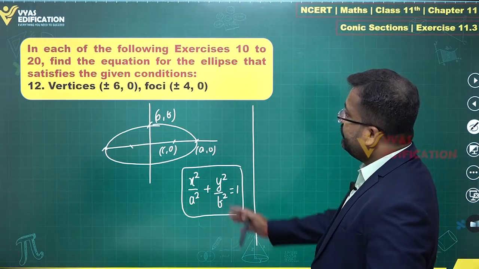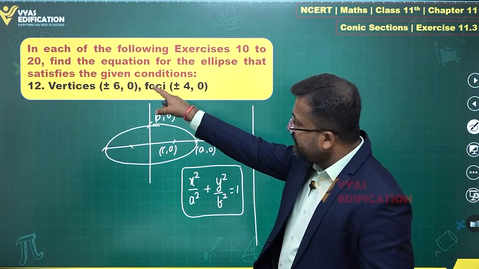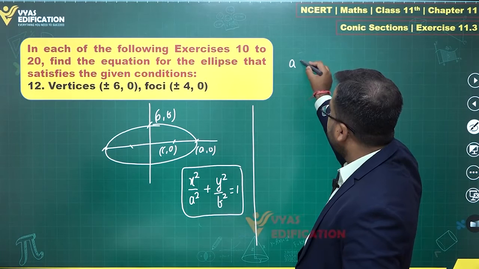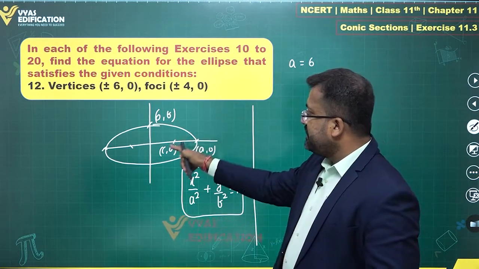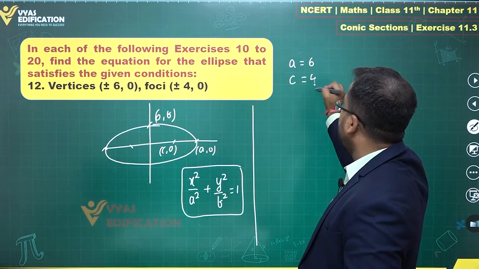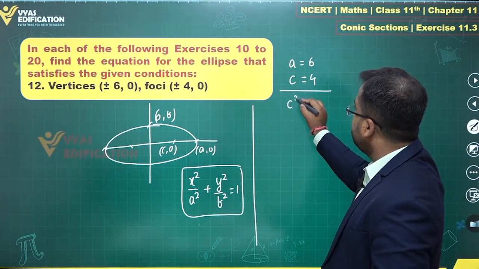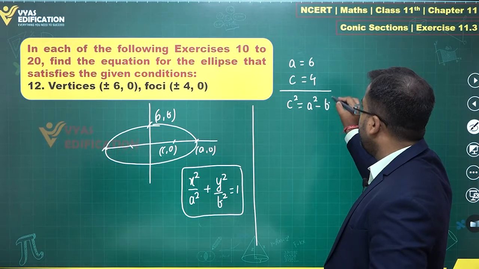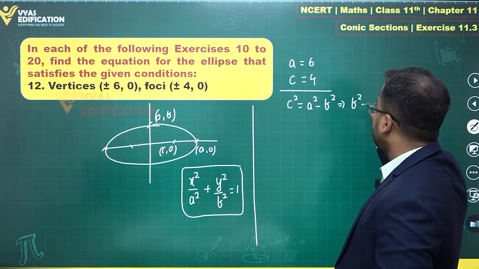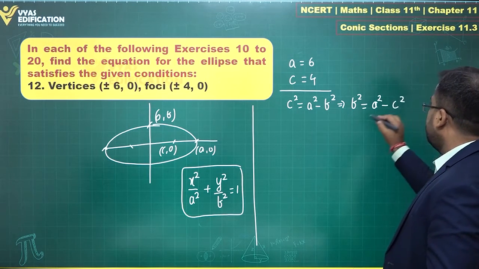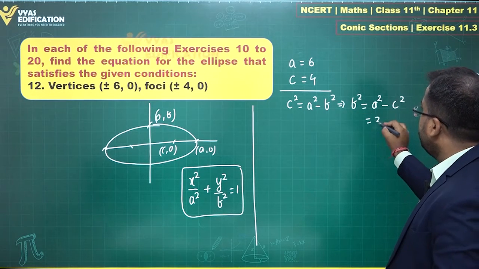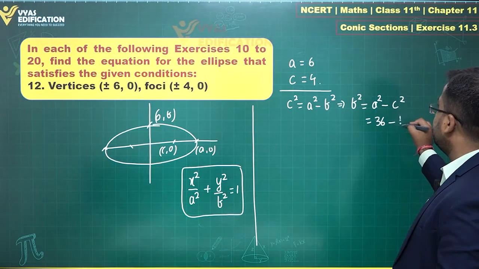Given the conditions, can you identify that vertices at plus minus 6 imply that a will be equal to 6, and foci at plus minus 4 implies that c will be equal to 4. Once we have a and c, we know that c square is equal to a square minus b square. That tells me that b square will be equal to a square minus c square. What is that? 36 minus 4 square, which is 16.